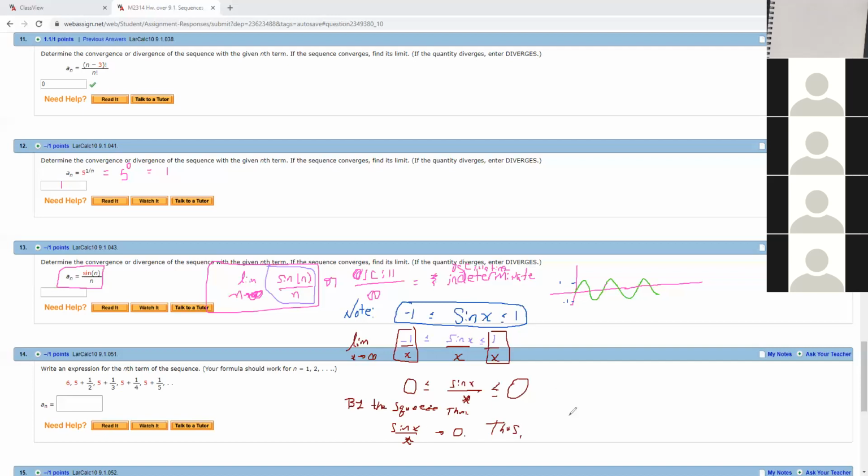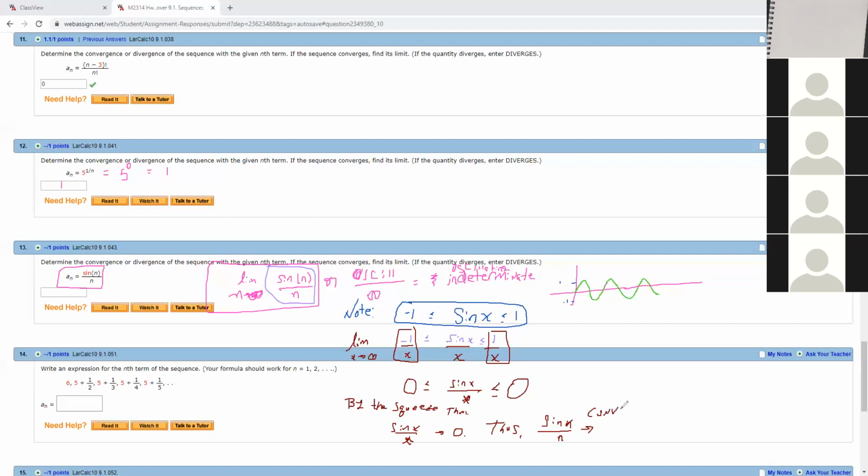And thus, if the function with the x's, which means the continuous graph here, converges to whatever this converges to, so does the sequence, because the sequence is just not all of the graph, but just some of the dots on the graph. Oops, this is supposed to be an n, and now n converges to 0.